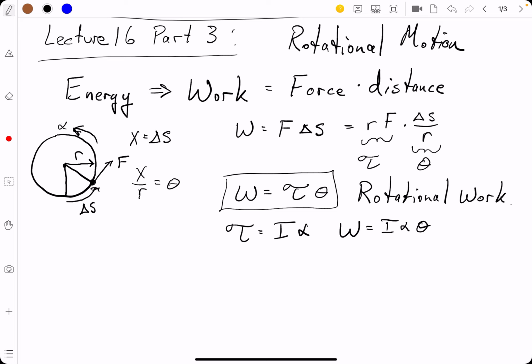Okay. And I don't know if you guys remember, but this bit right here is very similar to what we have when we do our omega squared is equal to omega initial squared plus 2 alpha theta.